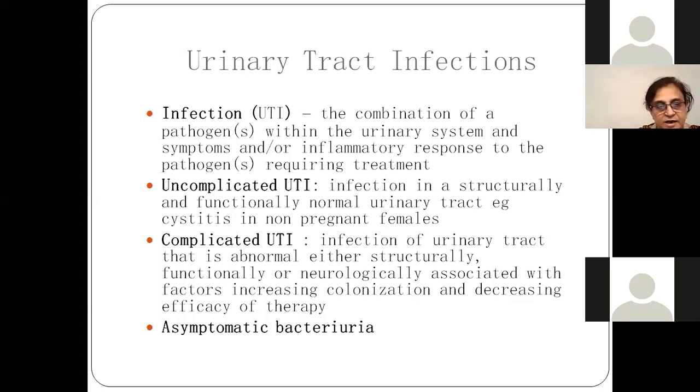But whenever there is a certain other abnormality, a complicated UTI can occur, and asymptomatic bacteriuria can convert into symptomatic bacteriuria. So normally the flushing of the urine is a protective mechanism for the removal of the pathogens from the bladder.